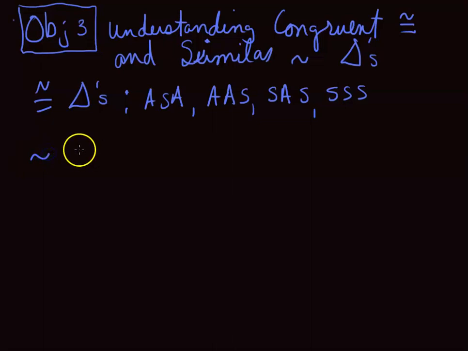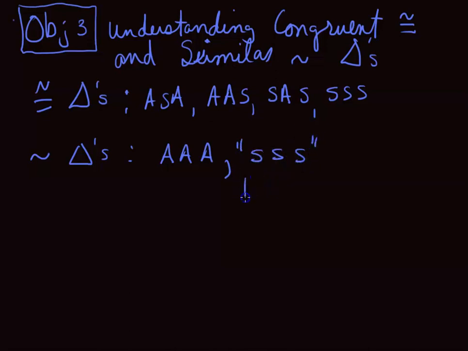For similar triangles, for it to be similar, the angles are all the same. Notice that to make them congruent, at least one of the sides has to be the same for these two triangles you might be talking about. There is a sort of a SSS, but it's not that these sides are equal.